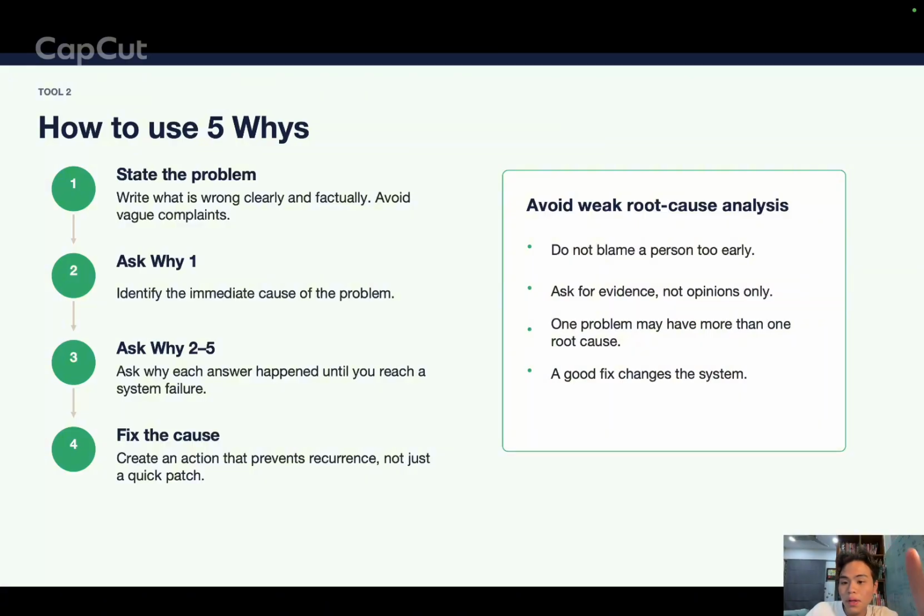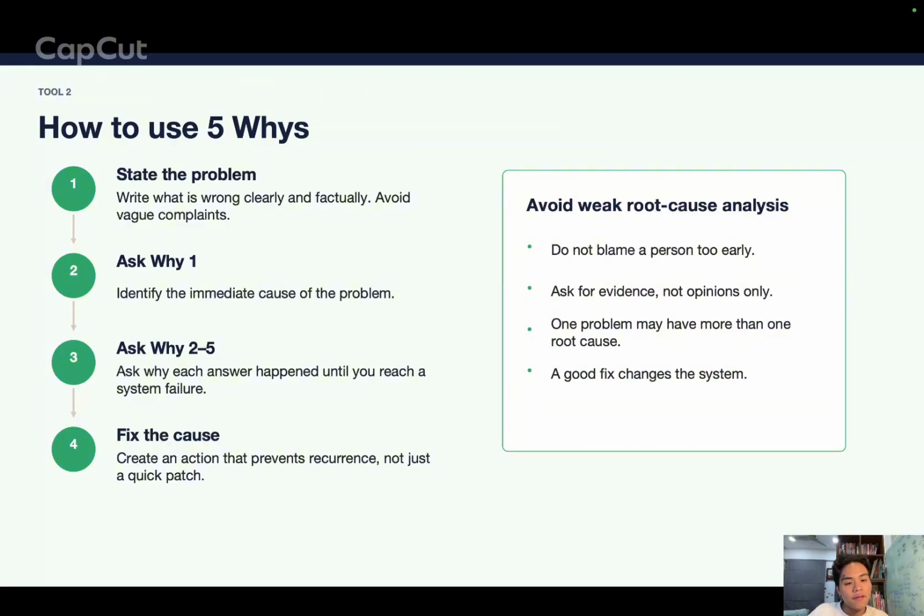First, we don't blame the person too early. If our analysis only ends because person A made a mistake, it means that we haven't gone deep enough. We should ask why the system allowed that to happen.